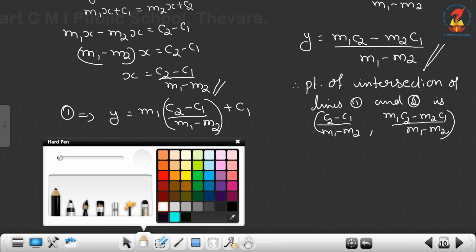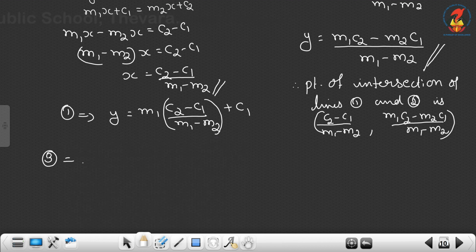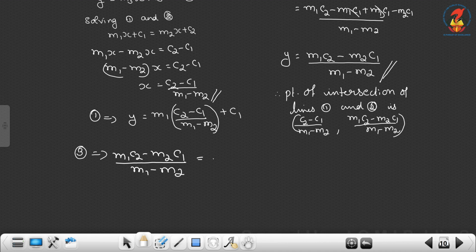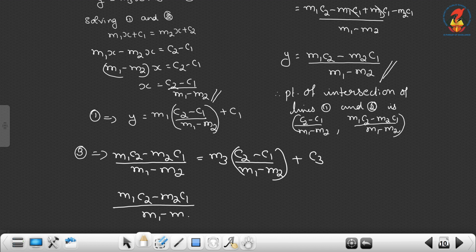The third equation is y is equal to m3x plus c3, and there you have to substitute. For y, m1 c2 minus m2 c1 by m1 minus m2 is equal to m3 into x, which is c2 minus c1 by m1 minus m2, plus c3.